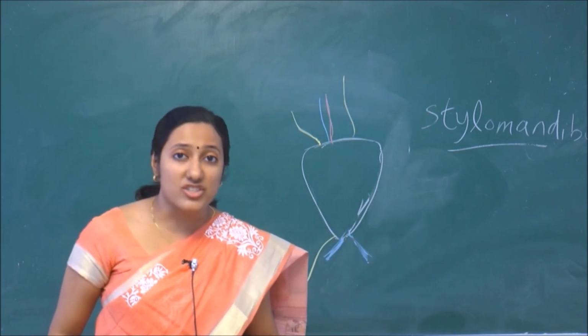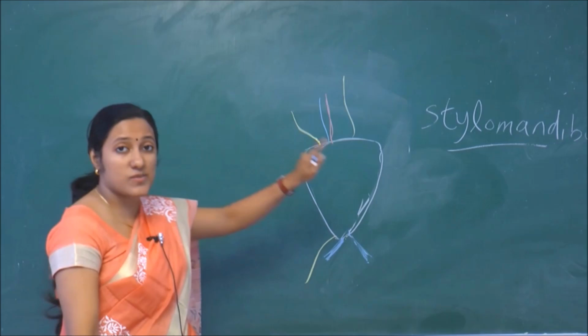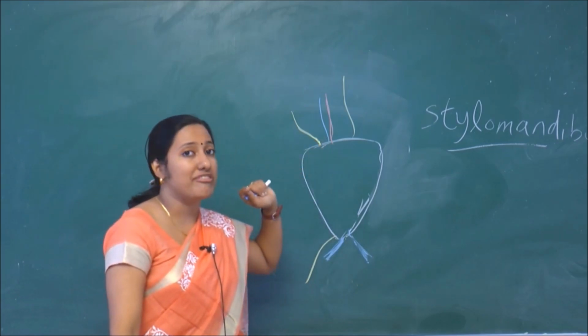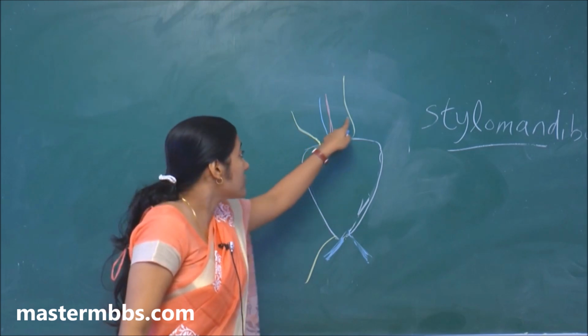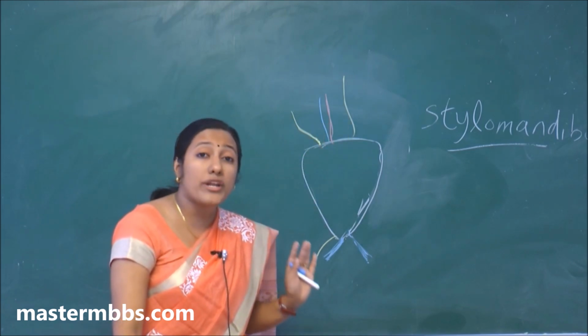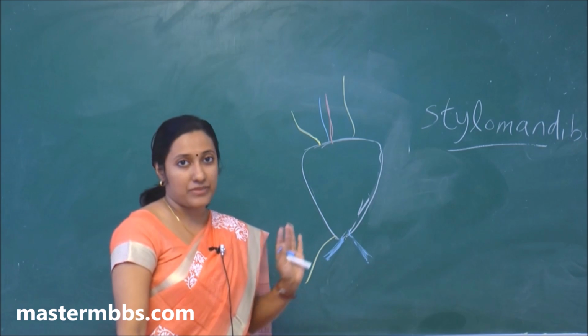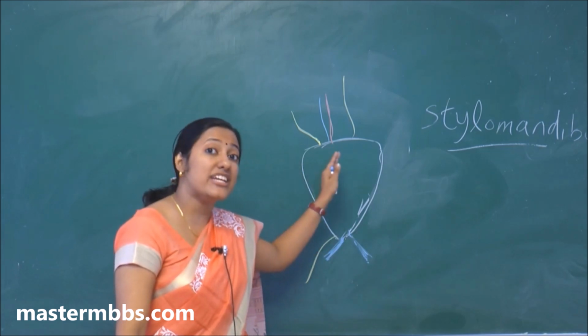So we have the structures passing: the temporal branch of facial nerve, the superficial temporal vessels, plus one more nerve, the auriculotemporal nerve. These are the structures in relation to the base.